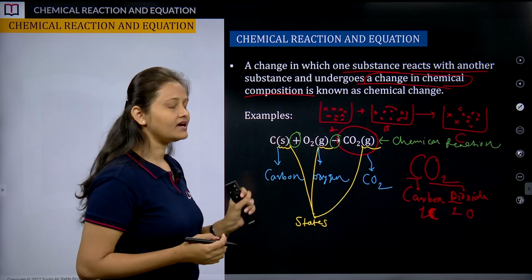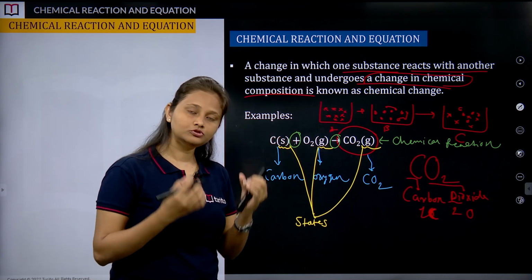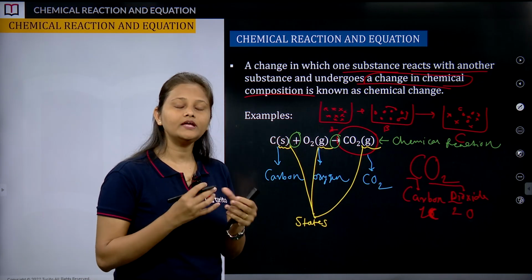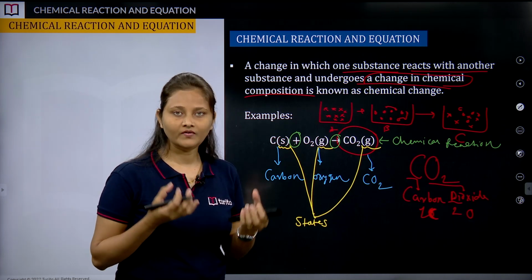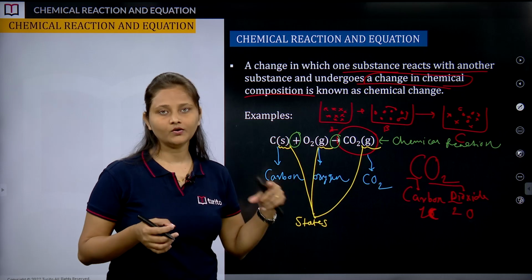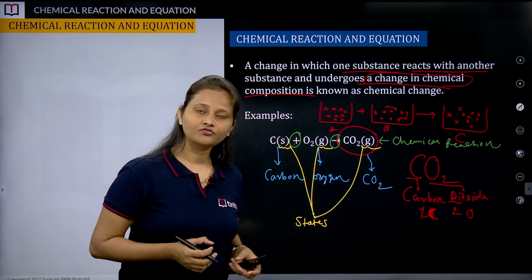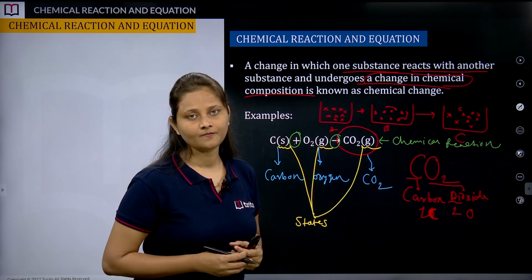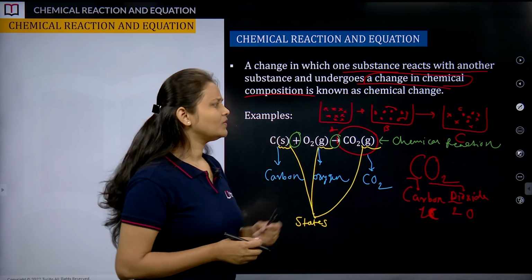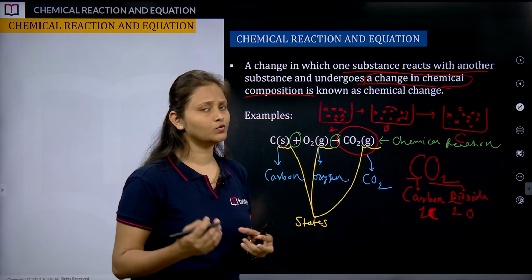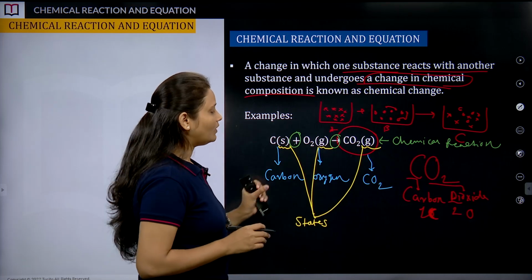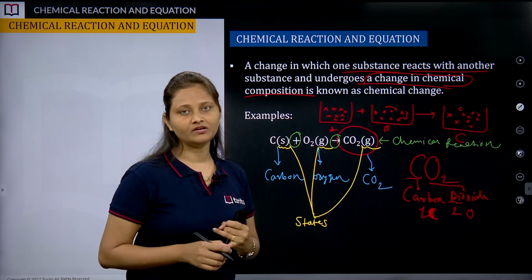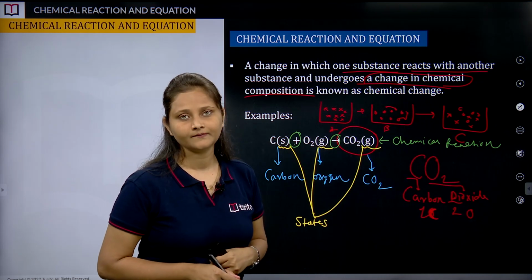These are reactants. The substances that show a tendency to react with each other are reactants. And on reaction, they are going to give you something new, which we call products. Followed? We are going to understand the equation and the rules to write a chemical equation further. But as of now, are you all clear with the idea of chemical change and chemical reaction?